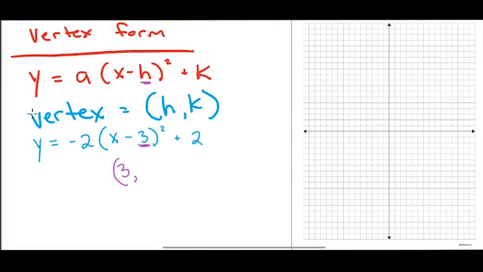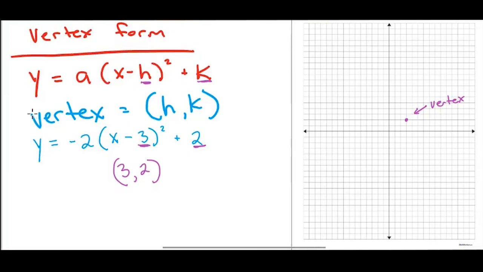Also, k is right here. This is a +2, so +2 is right here. That means that the point 3, 2 is the vertex. So I will go right 3, up 2. All right. And this is my vertex.